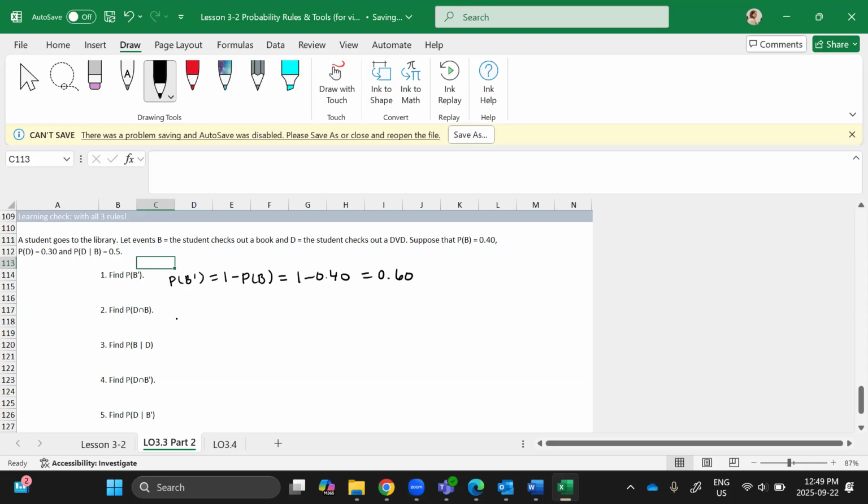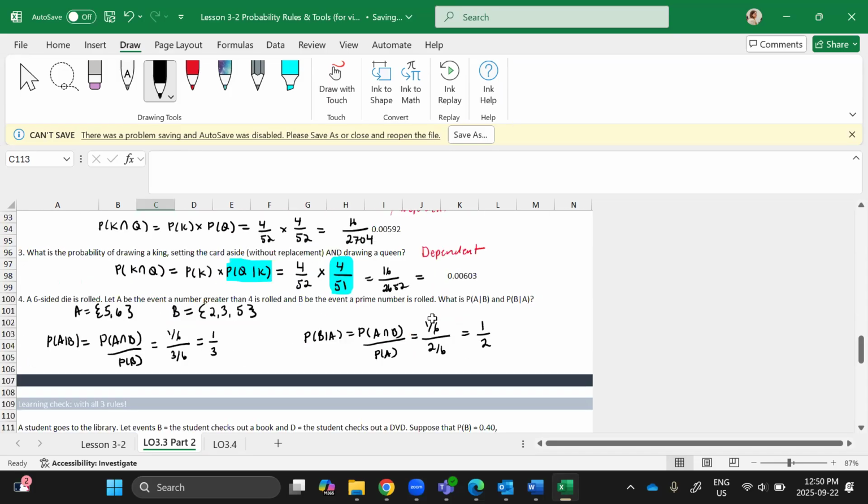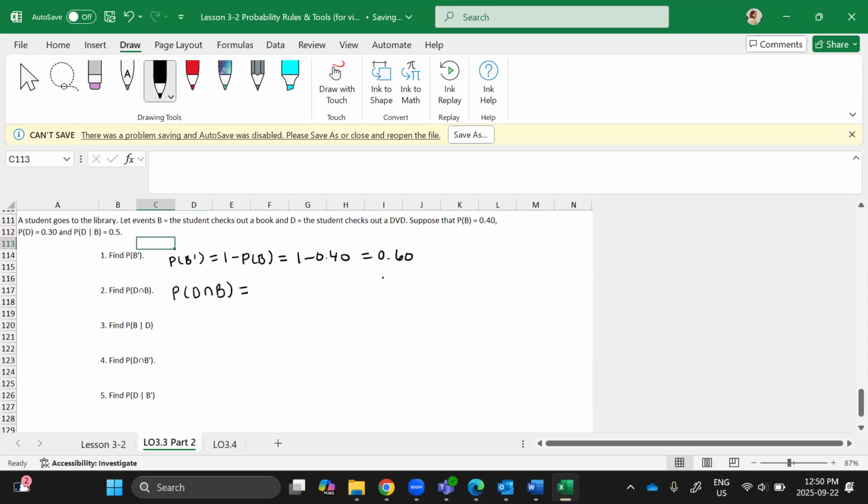Then we're asked to find the probability of D and B. This one, we're not sure if the events are independent or dependent, so we're always told to assume dependent until you can prove otherwise. So if you're assuming dependent, then the rule for dependent events is you take probability of B times probability of A given B. So in this case, it'd be probability of DVD given book times probability of book.